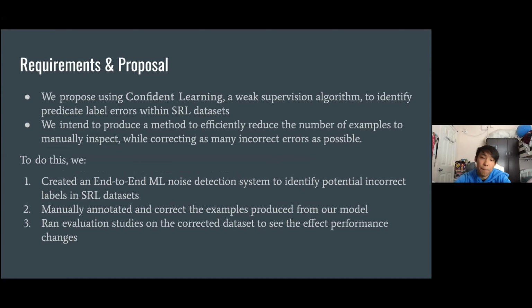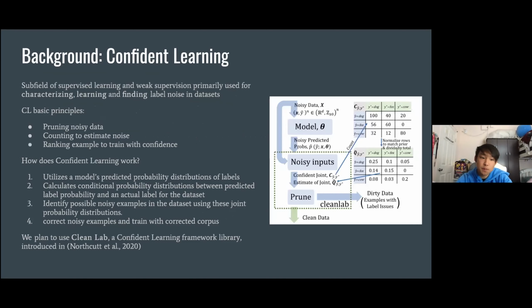After classifying all the predicates within the sentence, we're going to use our framework to identify what our predicate model thinks is noise. After we identify the proposed noisy instances, we're going to perform manual corrections on those instances and update our original corpus, in hopes that the augmented corpus will lead to better results after retraining. Next slide, please.